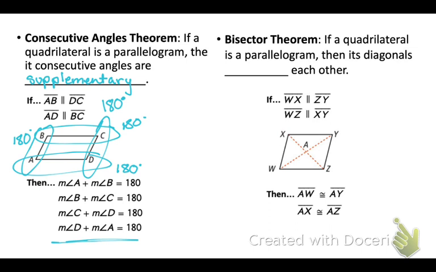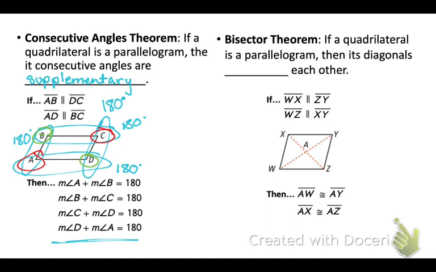It has four sides, so the sum of all the angles equals 360, correct? In our last picture, we know that A and C are congruent, yes? And we know B and D are congruent. So would that be easy once you have one angle to find all the rest?